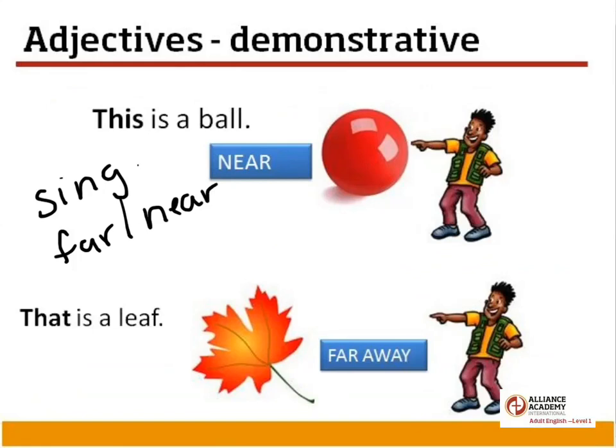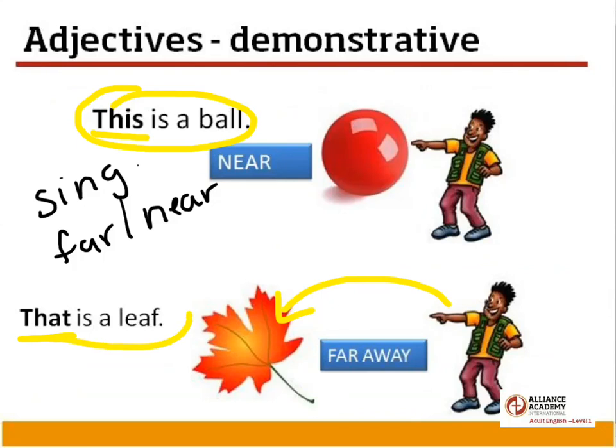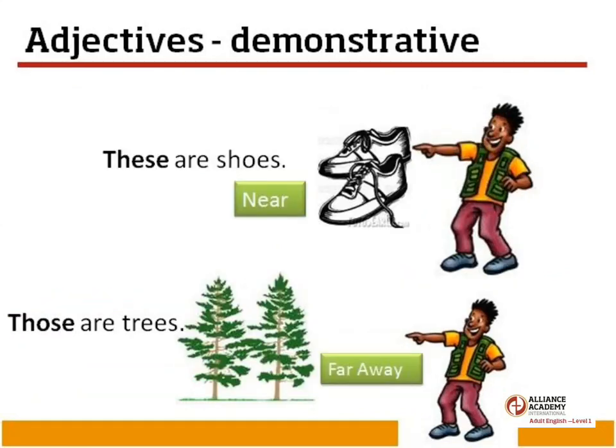If the noun is near and it is singular, we're going to use the demonstrative adjective this. So we would say, this is a ball. However, if the noun is far away, we cannot say this is a leaf. We would actually say that is a leaf. So singular near, this is a ball. But far away, that is a leaf.